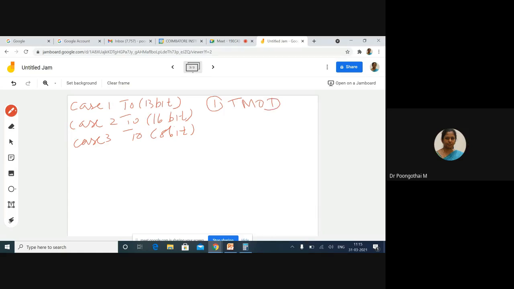First, we need to calculate the T mod value, and that value should be loaded into your timer. Second step, calculate the initial value of the timer by using the frequency.